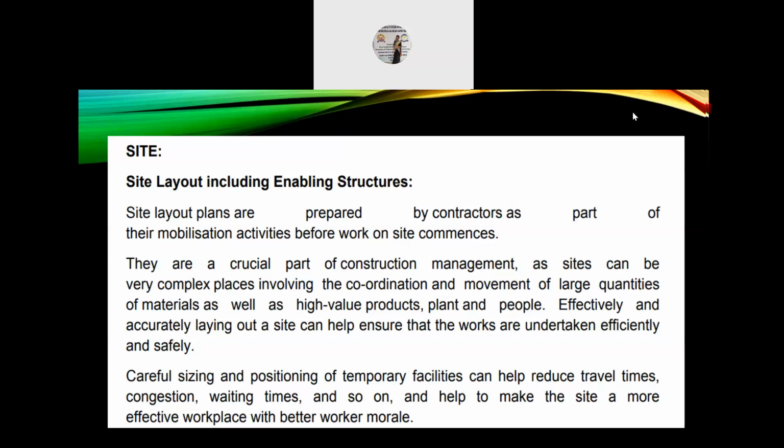Effectively and accurately laying out a site can help ensure that the works are undertaken efficiently and safely. Careful sizing and positioning of temporary facilities can help reduce travel times, congestion, waiting times, and so on. It also helps to make the site a more effective workplace with better worker morale.